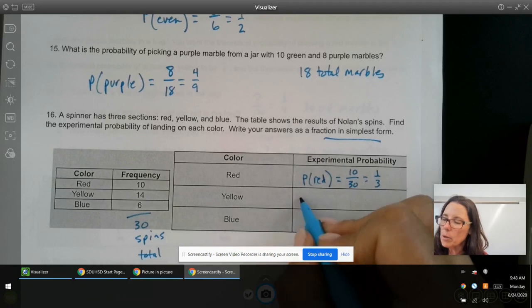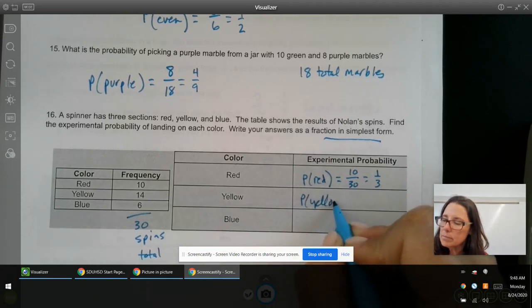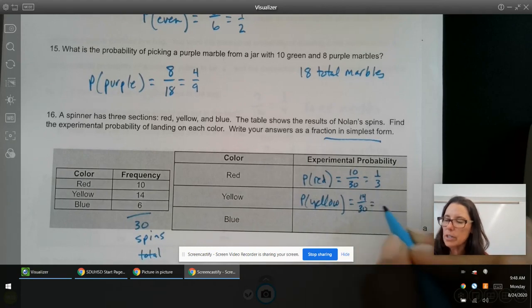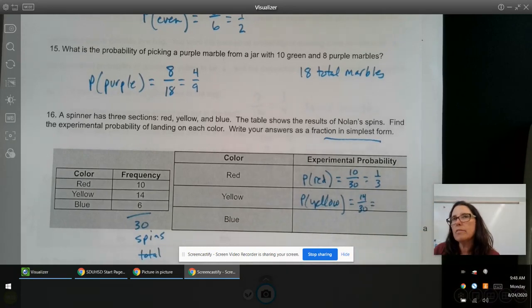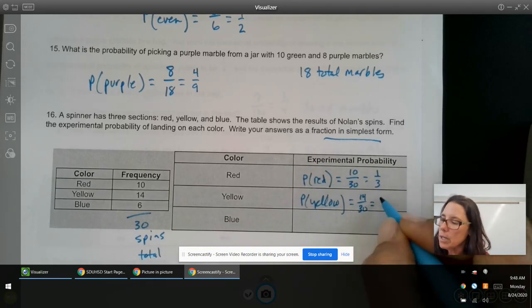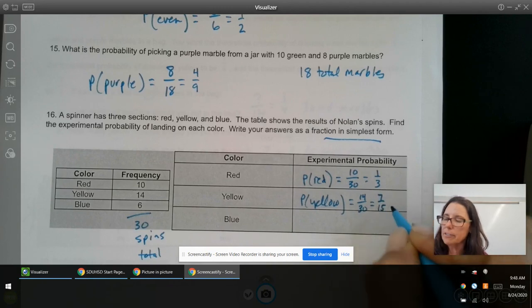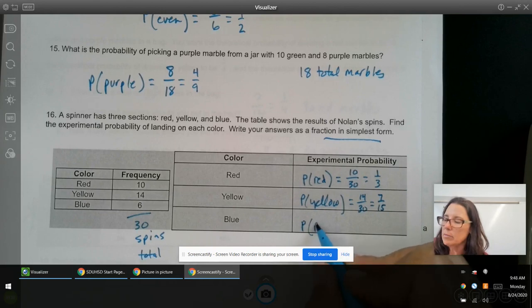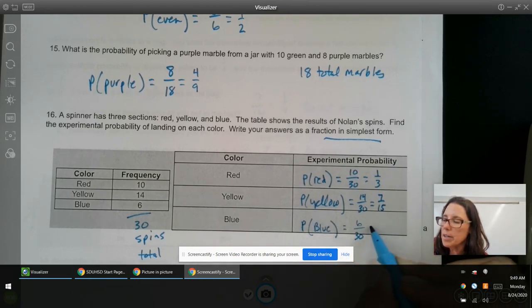Probability of yellow is 14 out of 30, which reduces to 7/15. And then the probability of blue is 6/30, which reduces to 1/5.